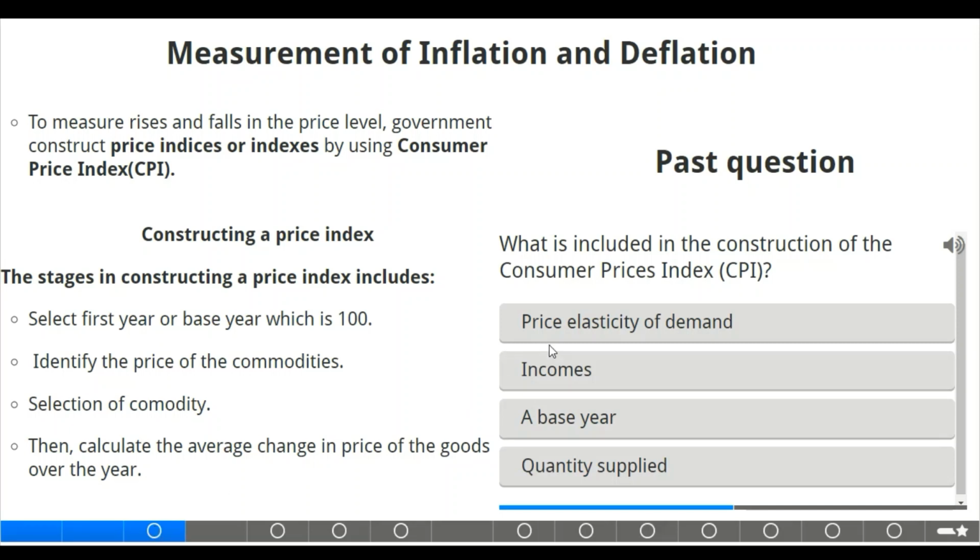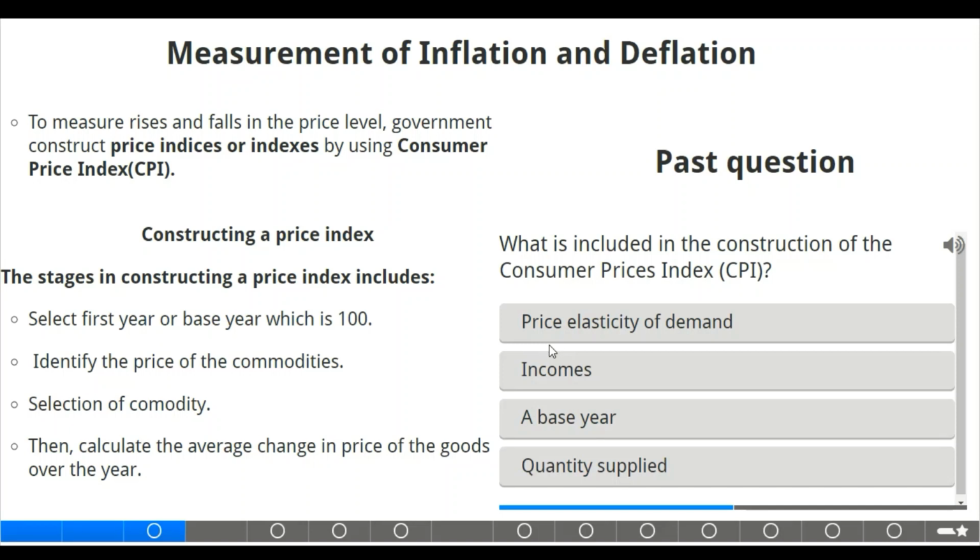Moving to the next slide, we have the measurement of inflation and deflation. Now, what are the measurements for inflation and deflation, and how do we construct a price index for the consumer index? To measure rises and falls in the price level, governments construct price indices using the consumer price index. Now, how do we construct our price index?